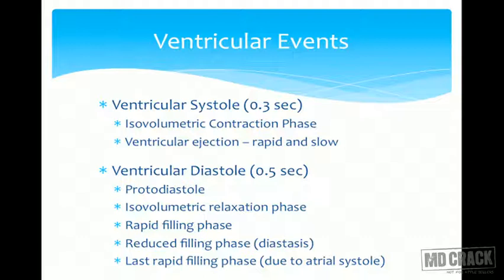Because of the contraction, the pressure inside the ventricle will go on increasing. So the blood will try to regurgitate back into the atria because the atrioventricular valves are open. But this regurgitation of some blood into the atria will cause closure of the AV valves.